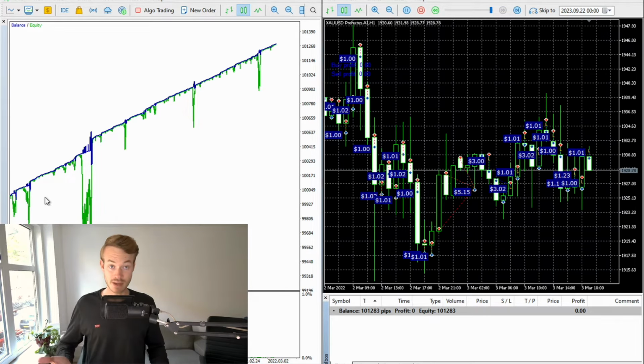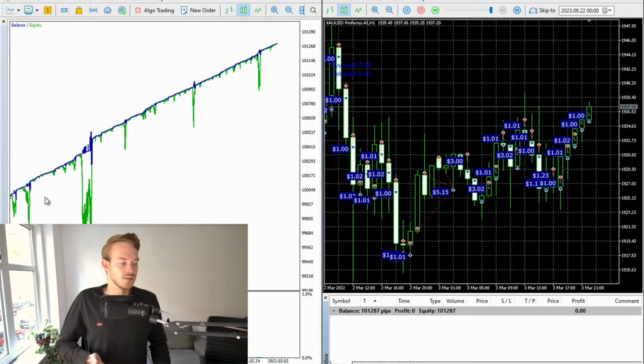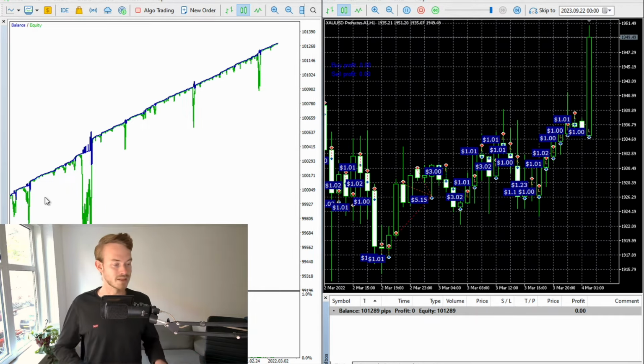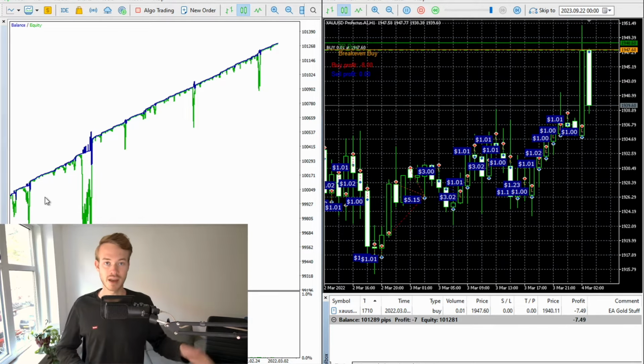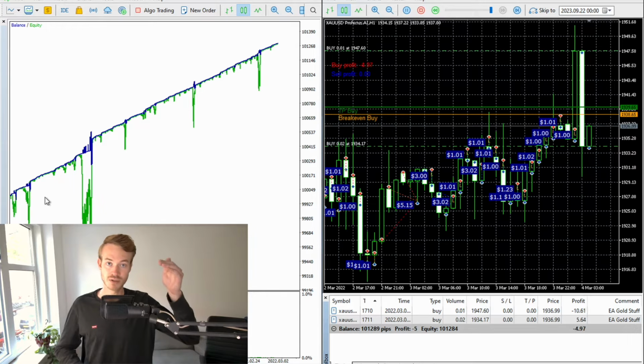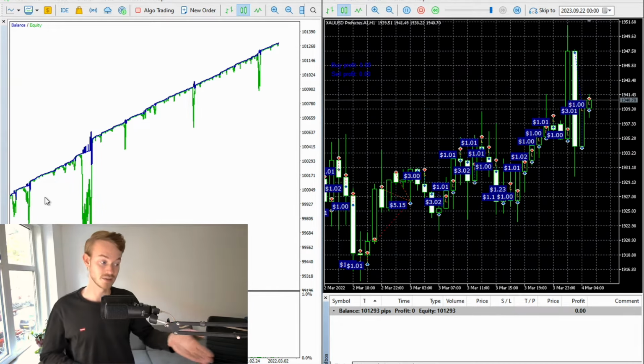A grid system simply means you don't really have an edge in the system, and you're simply entering and exiting the market in quite random places, and you hope for the best that it's working out. Then normally creators also add a martingale approach on top of a grid system, so you double down as soon as you realize a loss, or in that case it's not even realizing losses.